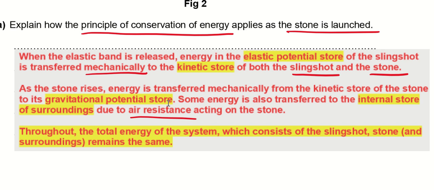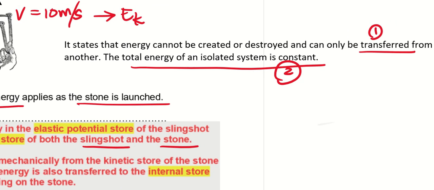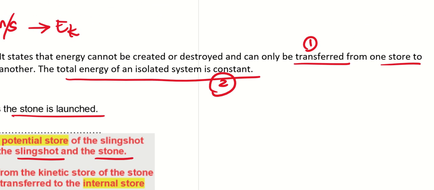Because we have to do work against air resistance. And I must say again, air resistance is not energy, it is a force. So we need to do work against this opposing force. Okay, so this is talking about the transfer of energy from one store to another, which was the first point in our principle of conservation of energy.